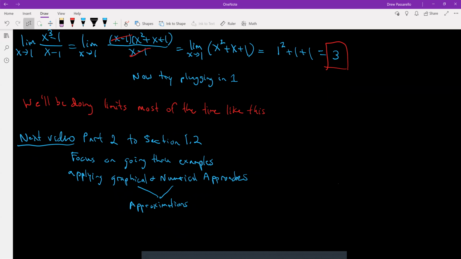That way you have this example explaining what a limit is. Here are 3 different ways to get the limit. 2 of the ways have faults because they're approximations. The other method is the more exact method that we'll be using. So the next video is going to be doing just examples first in these graphical numerical approaches.